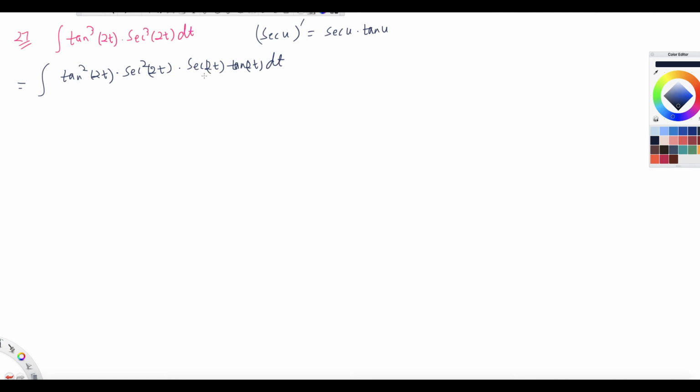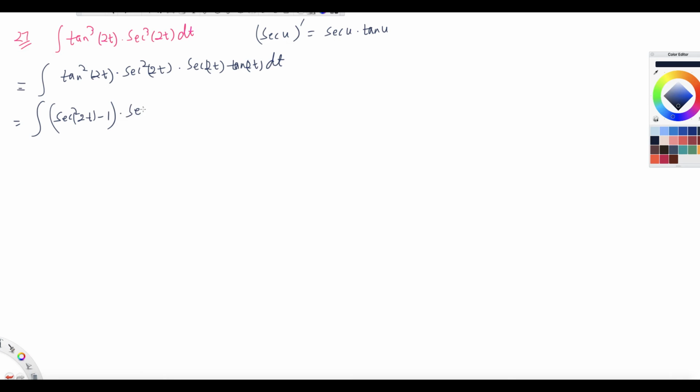So my plan here is to write secant 2t equals u, so that secant 2t tangent 2t dt will be du. That's my plan. So I need to change everything in terms of secant. What is the formula for tangent in terms of secant? That will be the integral of secant square 2t minus 1, that is the tangent square 2t, right?